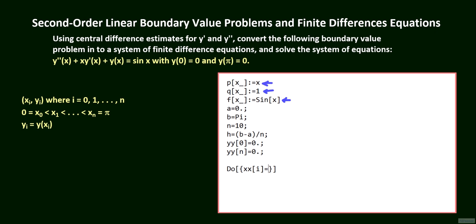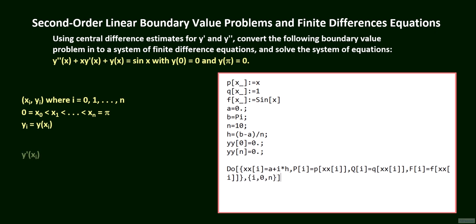There are i step sizes from x equals a to xx_i, and so xx_i is a plus i times h. We use uppercase P for lowercase p of xx_i, and so P_i is p(xx_i). Likewise, Q_i is q(xx_i). And F_i is f(xx_i), where i goes from 0 to n.